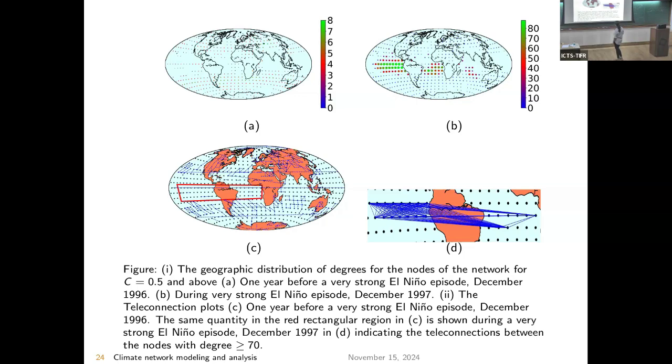So it is passing the test that the links should not cross across the hemisphere. And you can clearly see that higher nodes with higher degrees are observed in the El Nino basin, which is clearly seen in the El Nino year. This is for the indicator year.